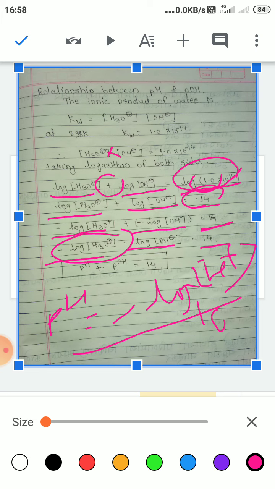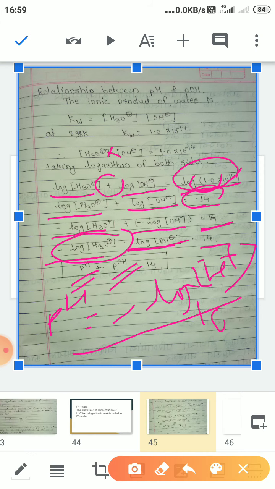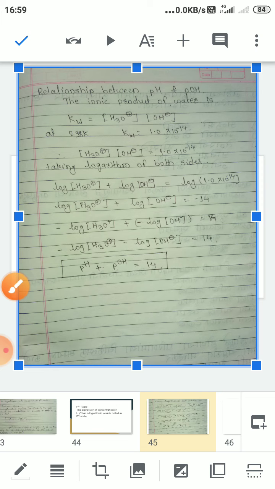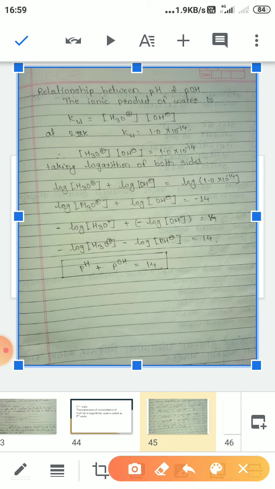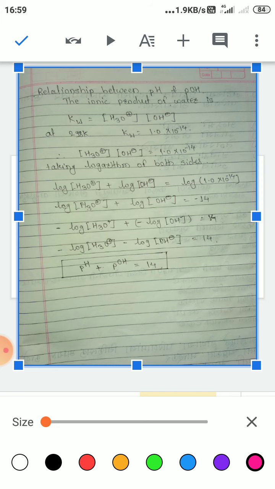So put the value here: the negative log of the concentration of hydronium ion is pH, and in the same way the negative log of the concentration of OH- ion is pOH. Therefore the equation becomes pH plus pOH is equal to 14. We get the equation pH plus pOH equals 14.